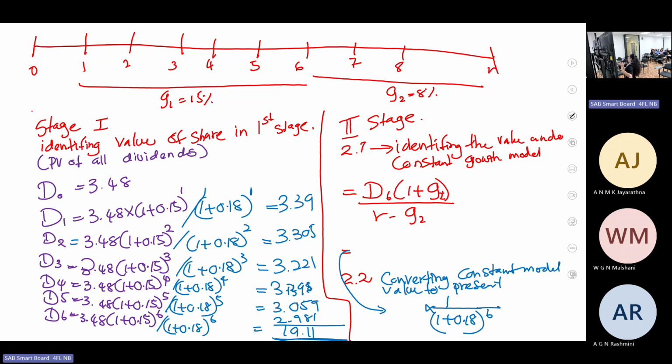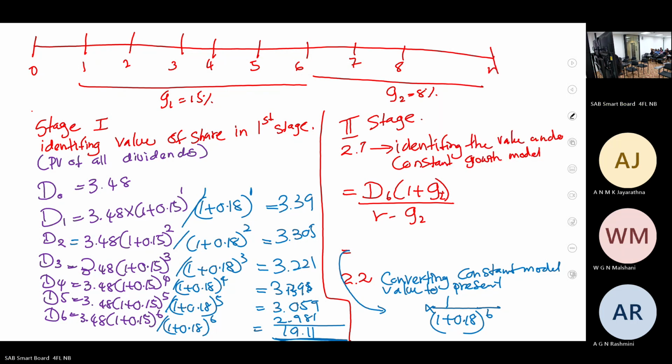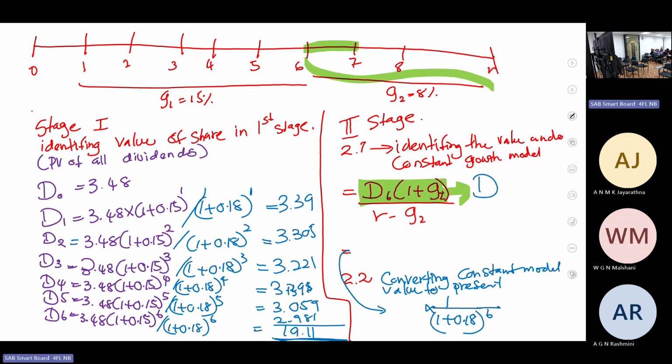The question is this one. You are getting confused here. Again, I am telling you that we have to start the second stage from year 6 onward. So what we are calculating is indirectly D7.